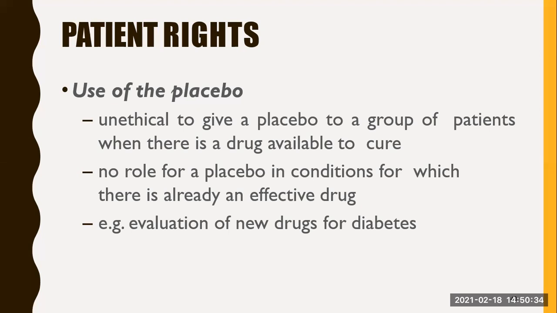Okay, so an example of the use of placebo is evaluation of new drugs for diabetes. So the same established oral hypoglycemic agent we have to use as the control, and the test substance will act as the test group.